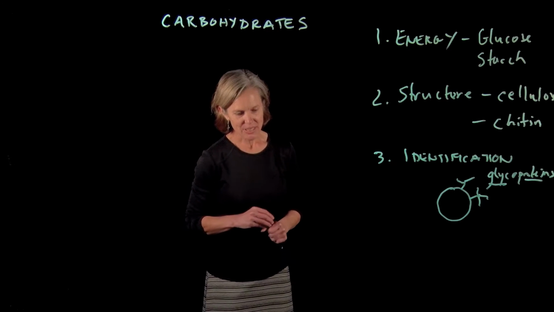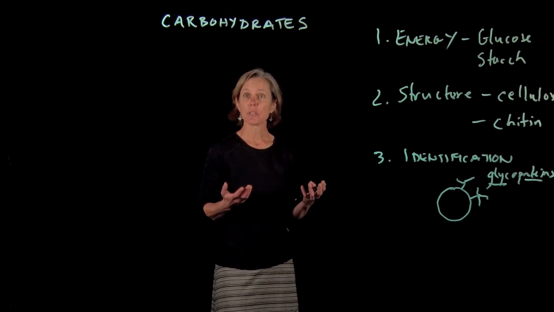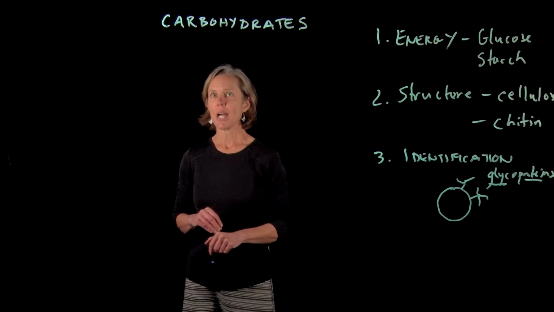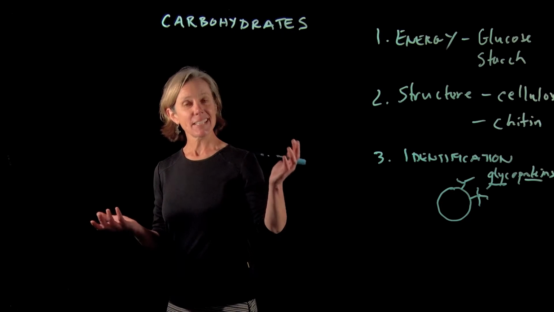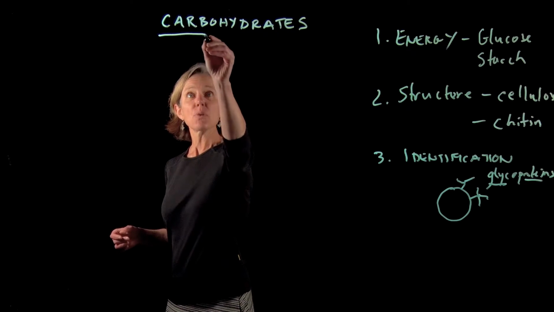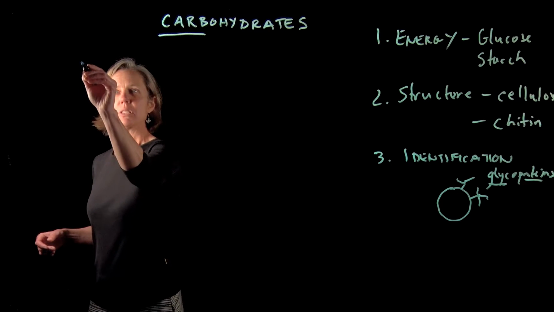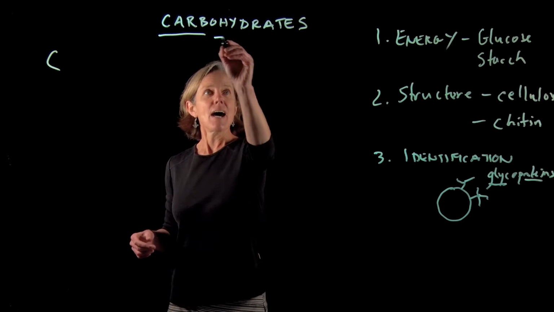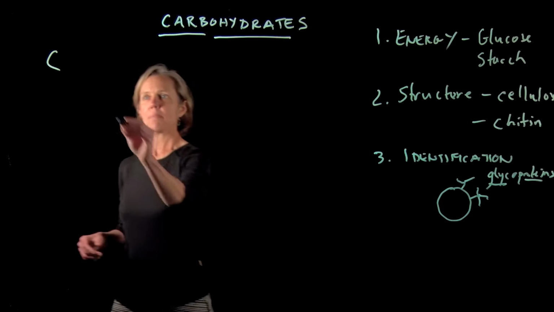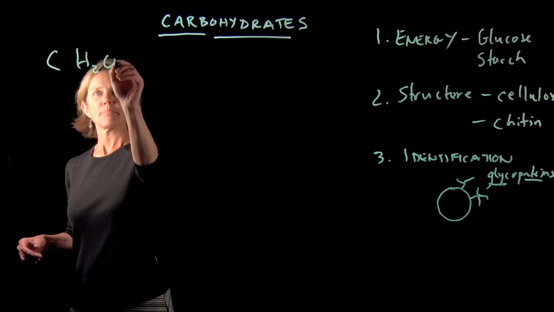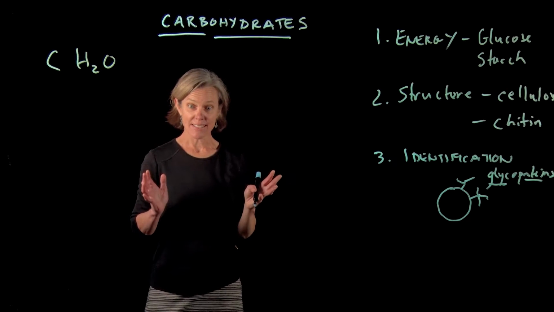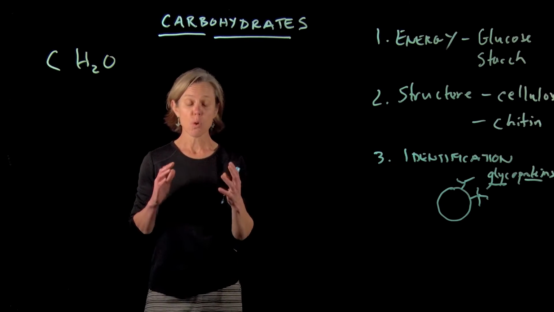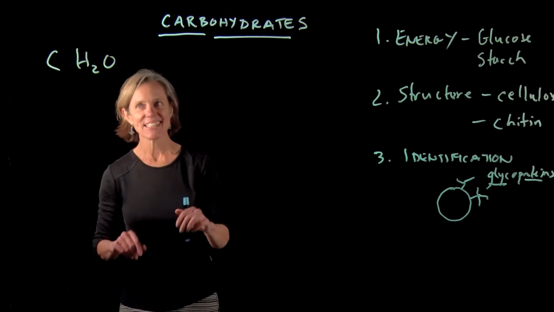Okay. So now let's look at the chemical formula of a carbohydrate. And the key to understanding the chemical formula is really in the words. We have carbo, which means there's carbon in carbohydrates, and hydrate, which means water. Now, that's not to say that in carbohydrates, water is linked to carbon. That's not it.